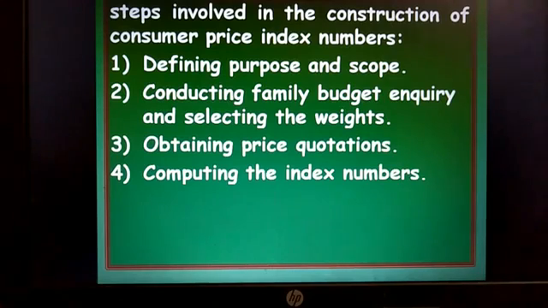Then the fourth is computing the index numbers. Computing the index numbers in the sense it is consumer price index numbers. So let us discuss these four methods in brief, how we need to write answer as 5 marks answer.